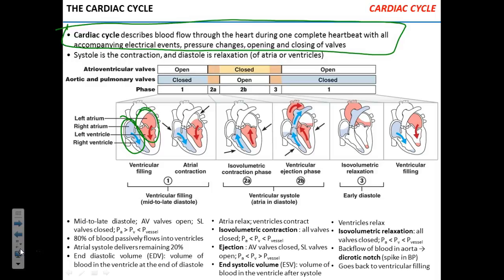Since they contract simultaneously, the valves between the atria and the ventricles, tricuspid or mitral valve, are they going to close at the same time or not? If the sides contract synchronously, the valves will close synchronously.